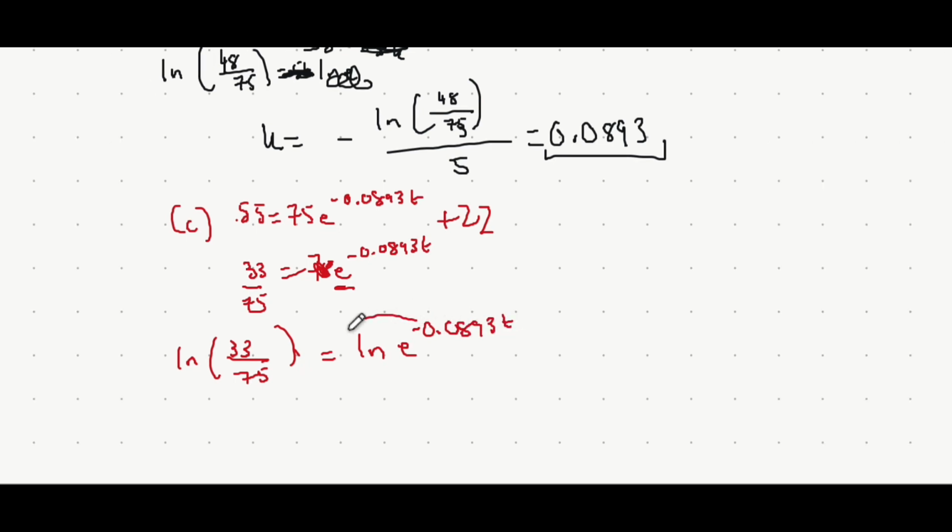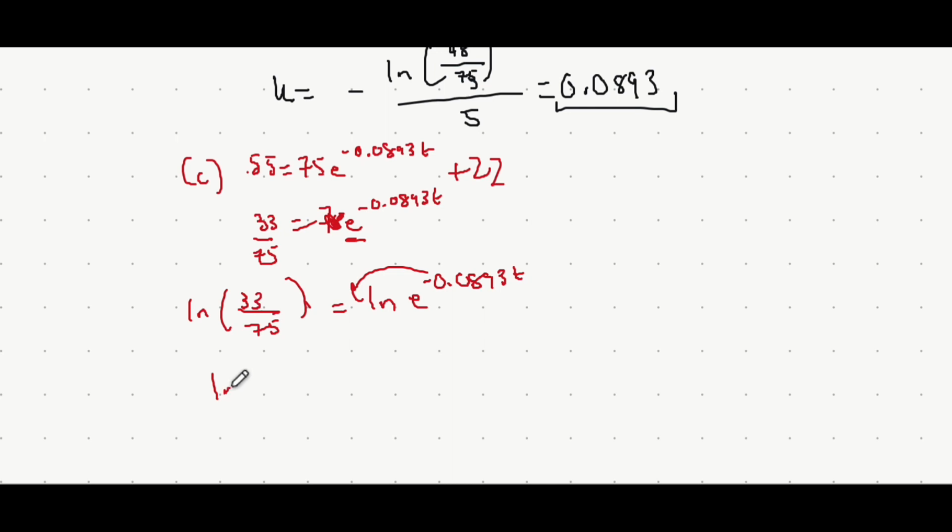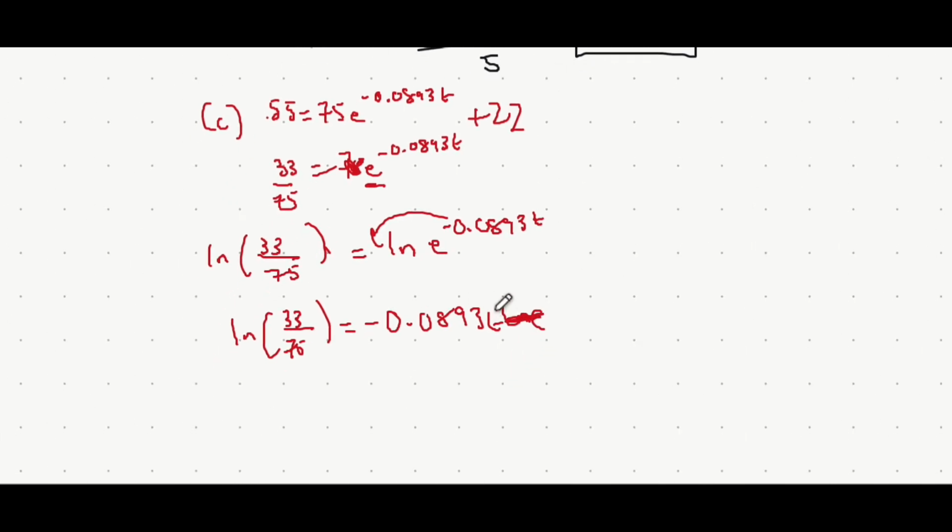Once it's in this format, you can bring this forward as a coefficient, and you can say ln of 33 over 75 equals minus 0.0893 t ln e. Again, because ln e is just equal to 1, you can just cancel that out, because if you're multiplying by 1, it's just this variable itself.